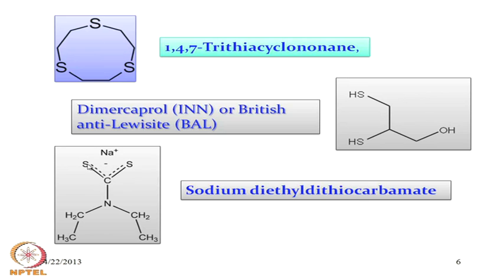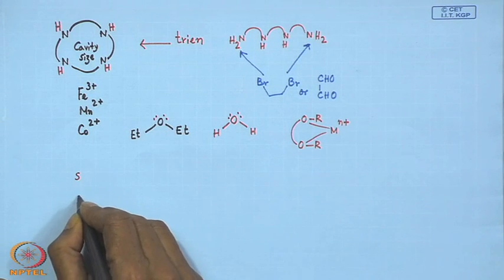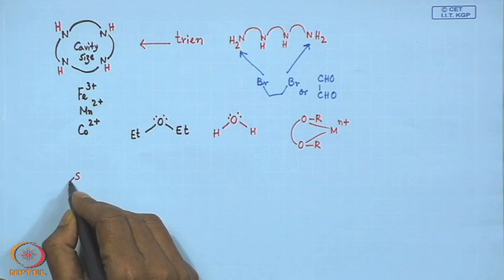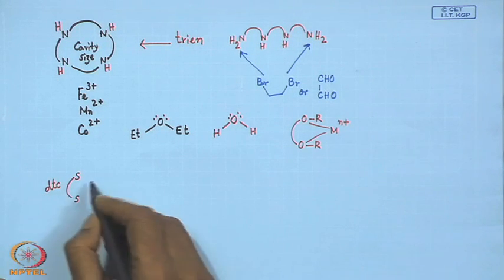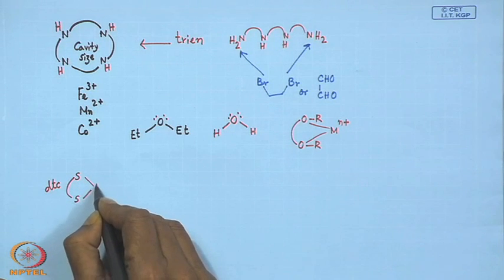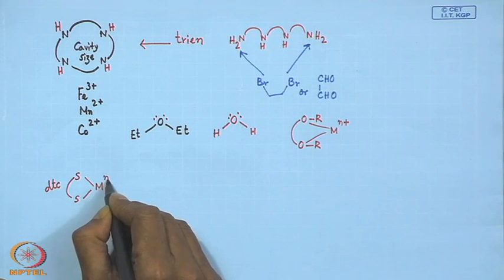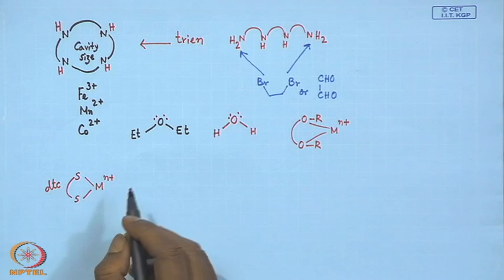Like this ligand, this also binds through these two sulfur atoms. So, these two sulfur atoms when binding to the metal center provide the corresponding bidentate sulfur ligand to the metal center. So, S and S, which is coming from dithiocarbamate, binds to the metal center through sulfur.